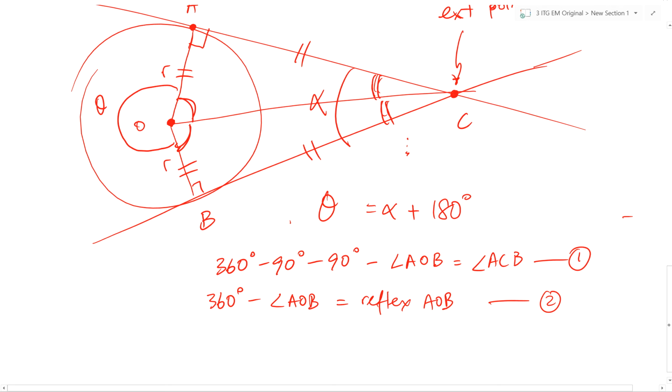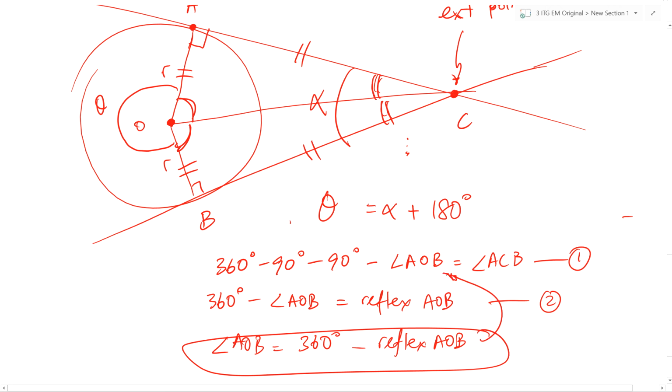Then make what the subject? Okay, angle AOB equals 360 minus reflex AOB. Then sub this one inside here.